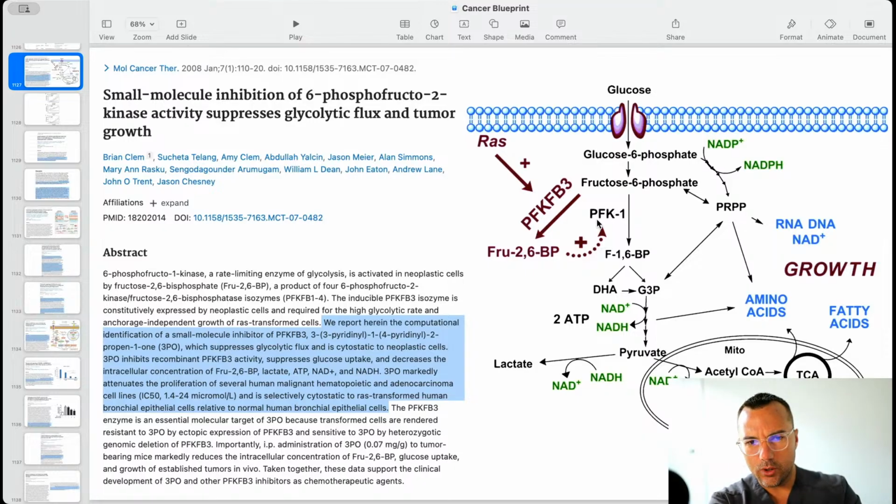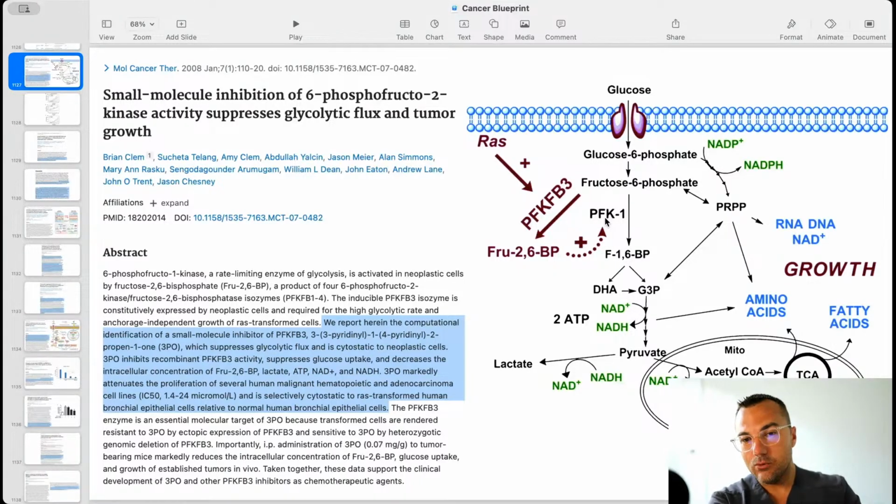And what they did was they used PFK15 to basically block this PFKFB enzyme, which lowered the amount of fructose 2,6-bisphosphate, which ultimately downregulated, and I believe lowered, the expression of PFK platelet type. But as a fallback mechanism, the cancer upregulated the other isoform of PFK, PFKL.